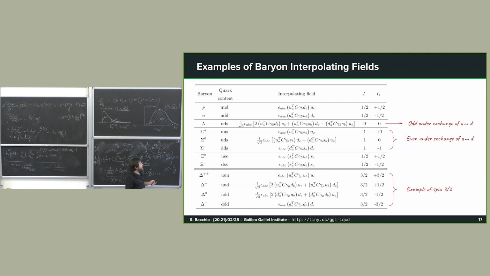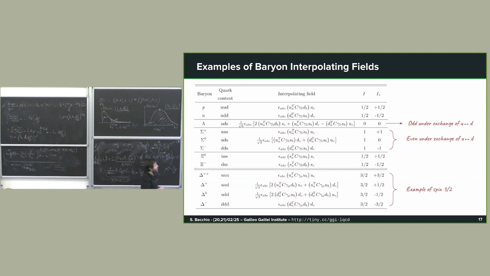But what distinguishes the lambda and the sigma particles? One is odd under the exchange of U and D, and the other is even under the exchange of U and D. You can see that if you exchange U and D in the lambda interpolating field, you get a minus sign while the other stays plus.